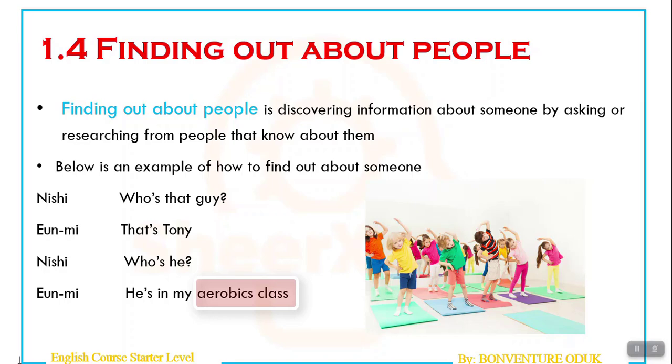He has come to an aerobic class, and on the right, you can see an example of children engaging in a physical class. Aerobics means physical exercises. It's like going to a gym, to make yourself physically fit. So he's trying to say that guy is in his aerobic class, just like the picture on the right shows. So in finding out about people, you get new information about them, and you can get it through other people.